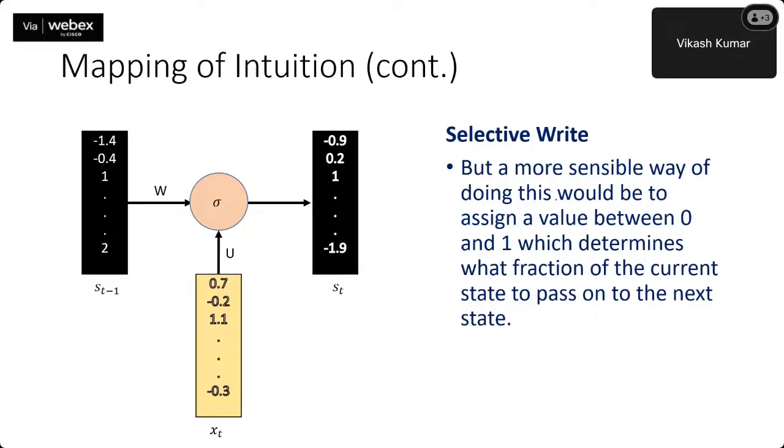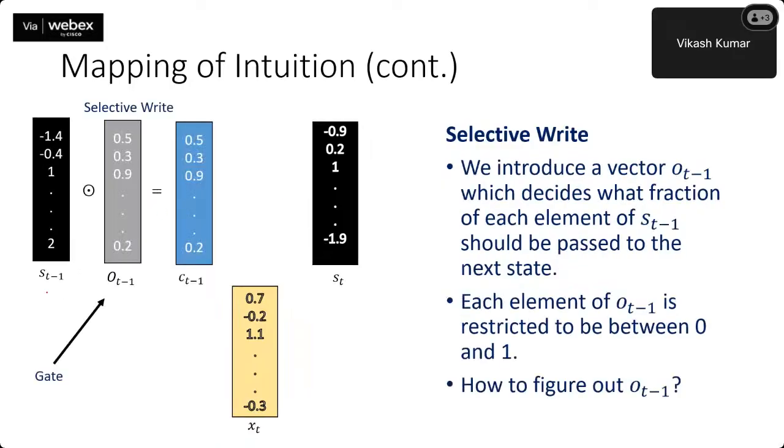Basically, this is what I have talked about now. So if you can recall, this is the h t minus 1, and suppose this is some output. And this output is nothing but, we can say, not forget, since we are talking about the write, a selective write, so it will be a kind of input gate.